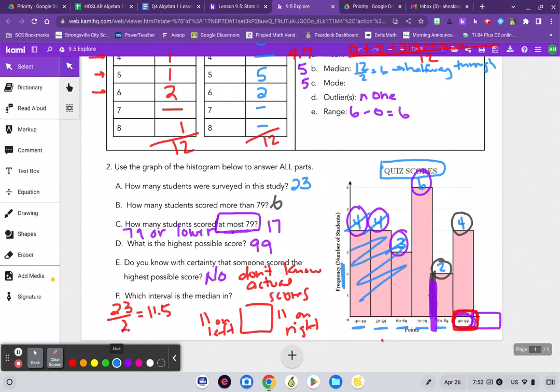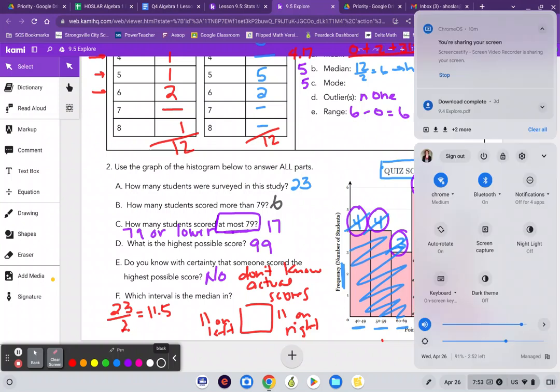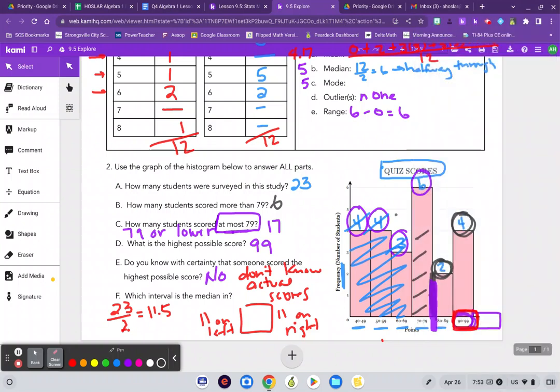So all of this had 11 pieces of data. And here's 6. And so 6, 7, 8, 9, 10, 11. Means I have 5 extra pieces here, but there's really 6. So my median has to be somewhere in this interval, so between 70 and 79.